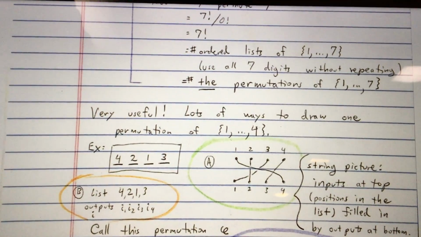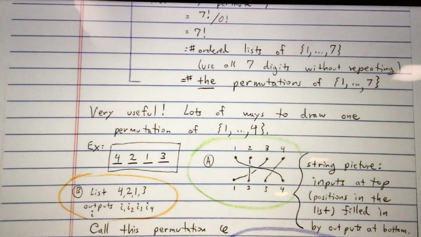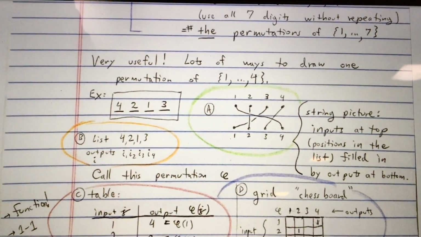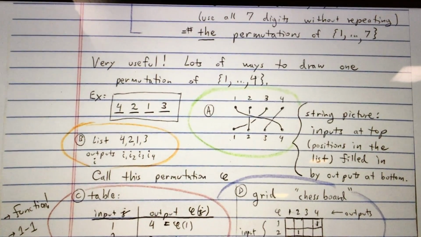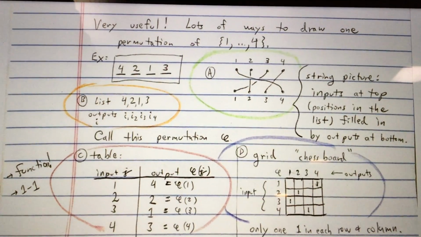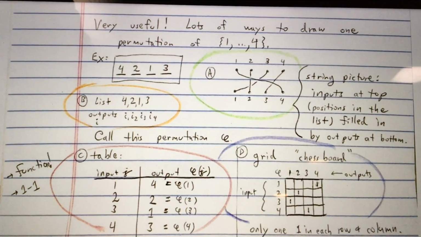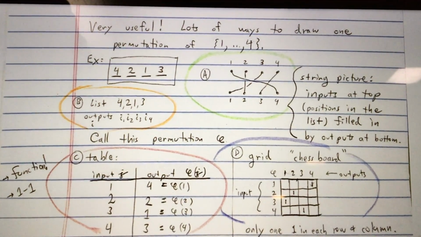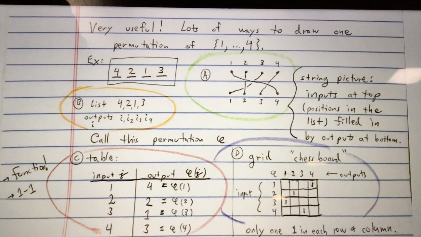So now we start thinking of it as a function. It's a function that goes from the set 1 through 4 to the set 1 through 4. So in C, here it is written as a function. They often call the permutation function f, or they use the Greek letter phi.